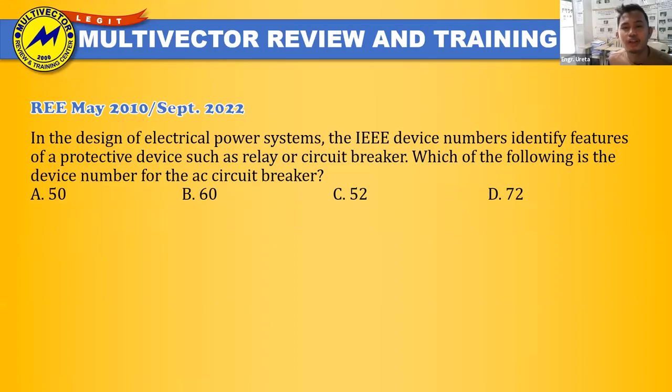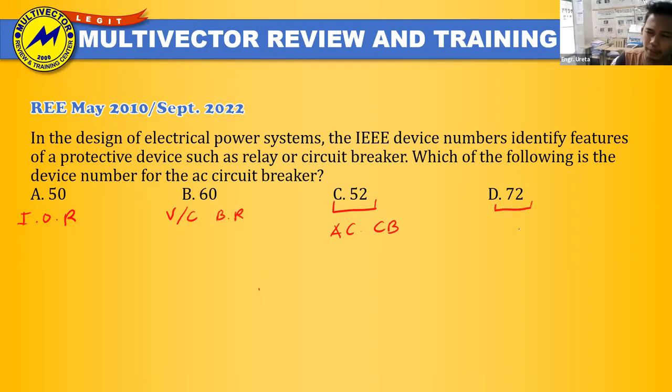So for question number 5, which of the following is the device number for an AC circuit breaker? AC circuit breaker is actually number 52. Quickly, 50 is an instantaneous overcurrent relay. 60 is a voltage or current balance relay. And 72, I'm not sure, but I think this 72 also came out. It's the DC circuit breaker.